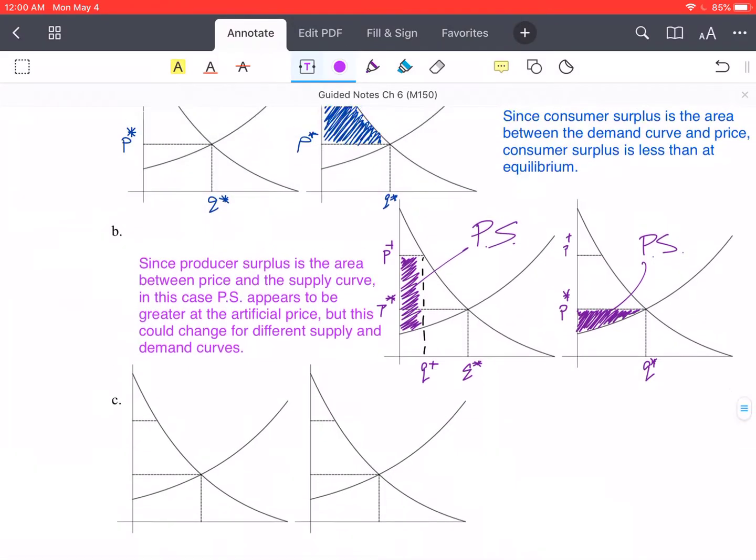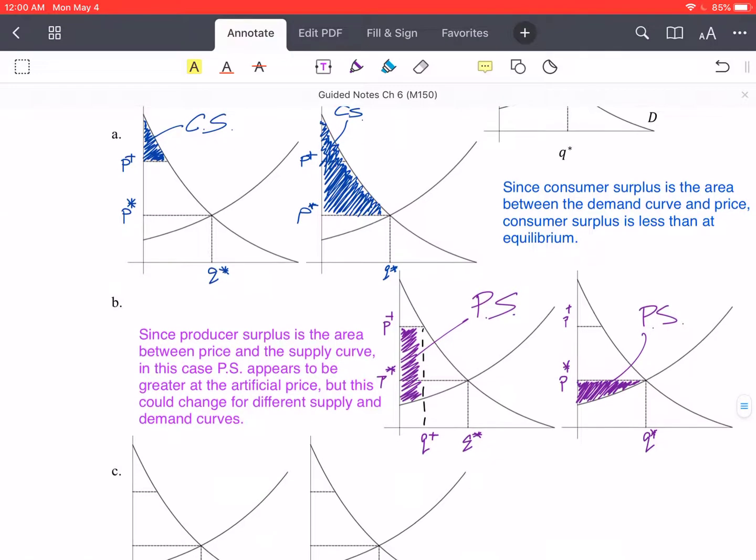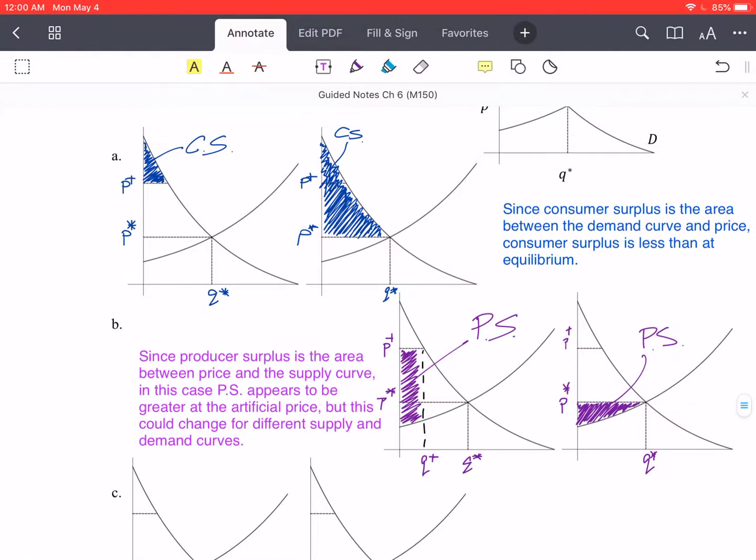If our curves are changing at all, then this could have an impact on this producer surplus here. But currently it looks like it is helping the producers out a little bit.